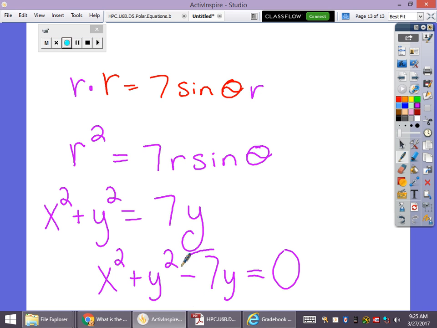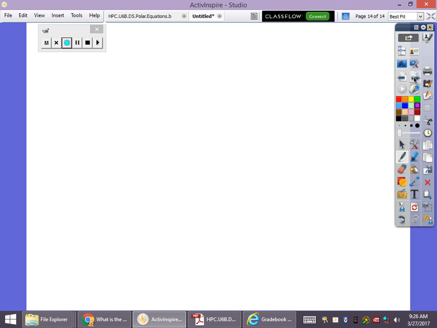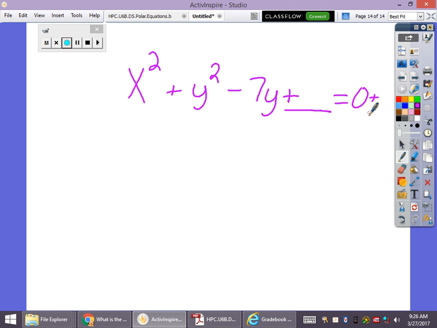But I have this extra guy right here. So in order to make it an x squared and a y squared, I must complete the square. So we have x squared plus y squared minus 7y plus blank equals 0 plus blank.